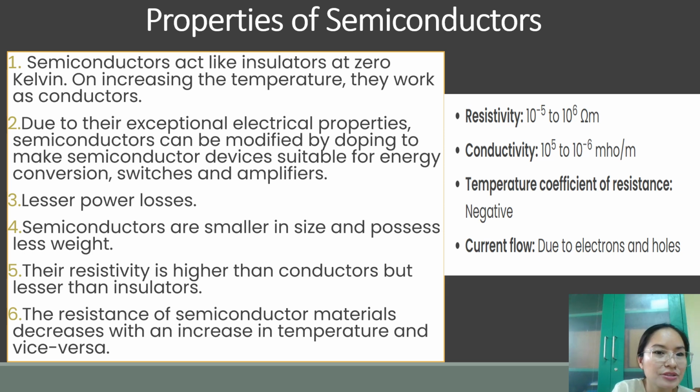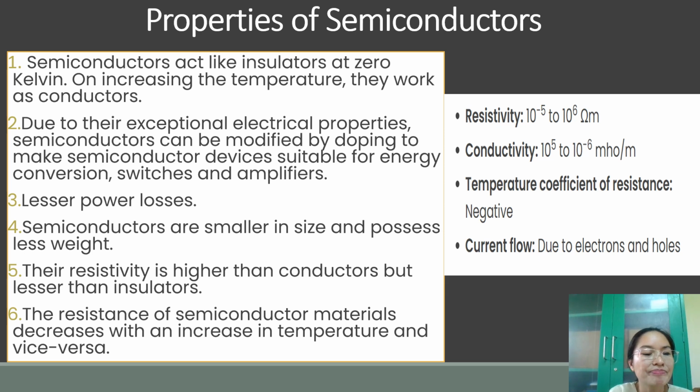Number 1, semiconductors act like insulators at 0 Kelvin, but on increasing temperature, they work as conductors. Number 2, due to this, they can be modified by doping to make semiconductor devices suitable for energy conversion, switches, and amplifiers. We will talk about doping later on.